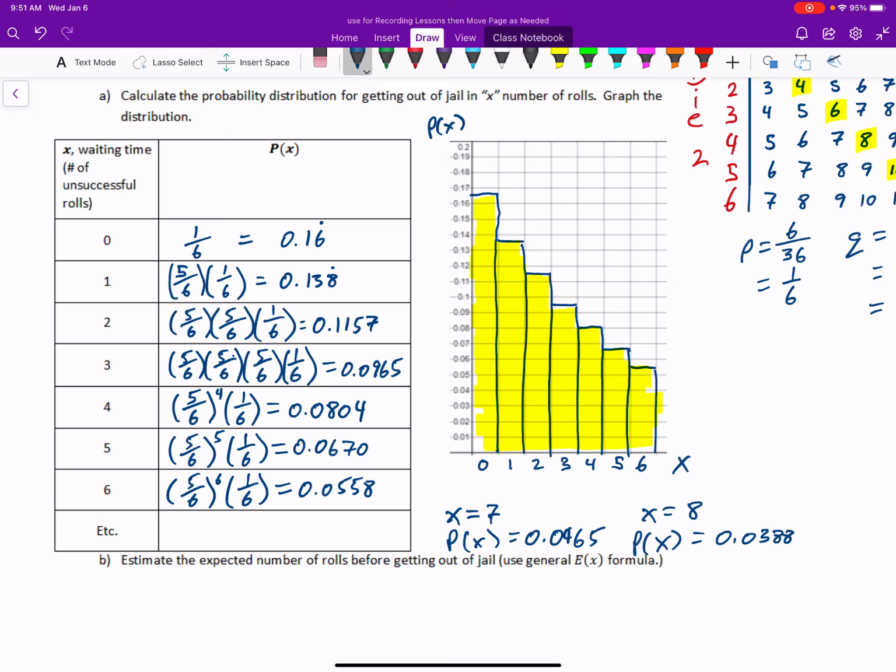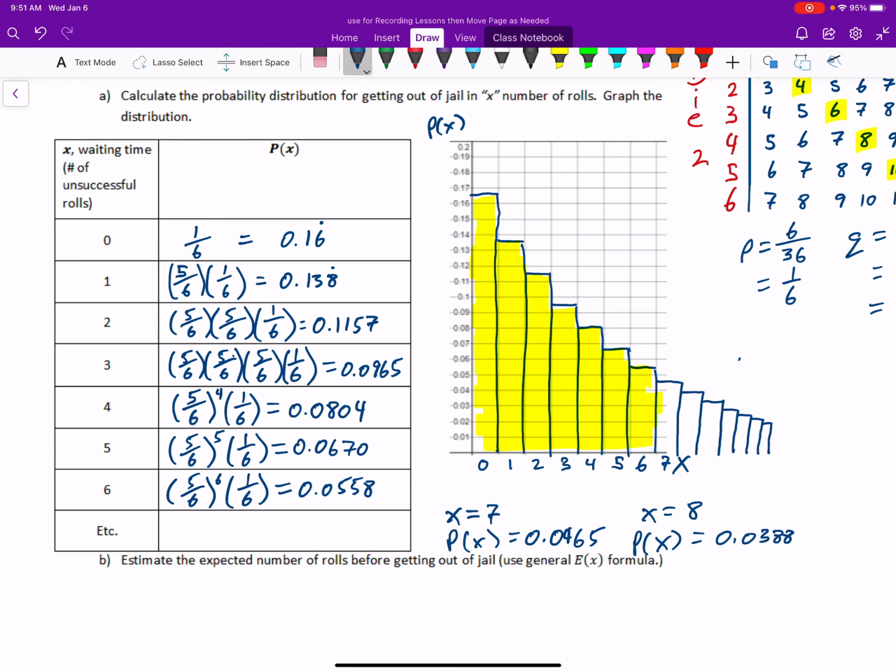So for 7, it would be a bar about here. For 8, it would be a bar about here. And so we can see that it's sort of going like this. Now I'm just estimating, obviously, here, but what you'll notice is it just sort of tails off.